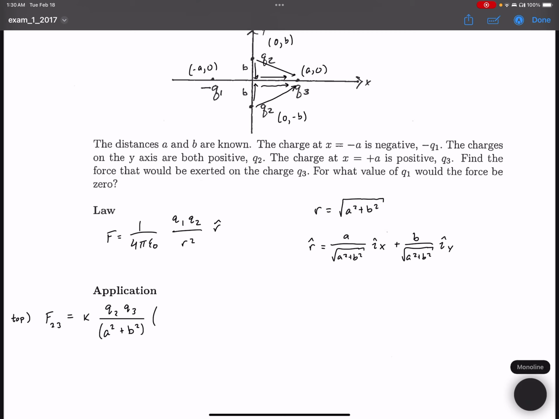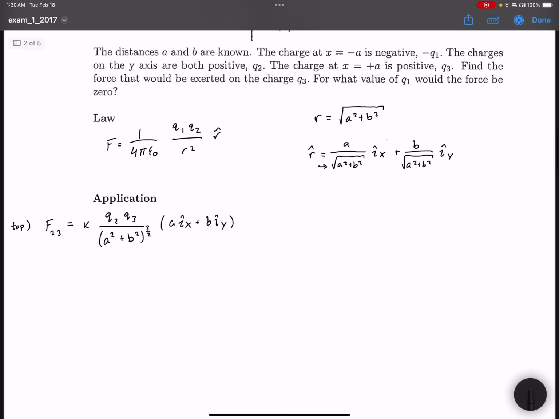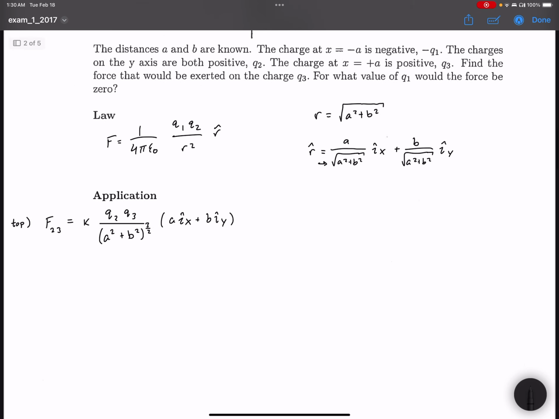All I'm really doing is multiplying the denominator from R hat into this denominator, so it's just making the 3/2. And then we'll have our vectors, which is just A i hat plus B j hat. Okay, so that's our first vector.